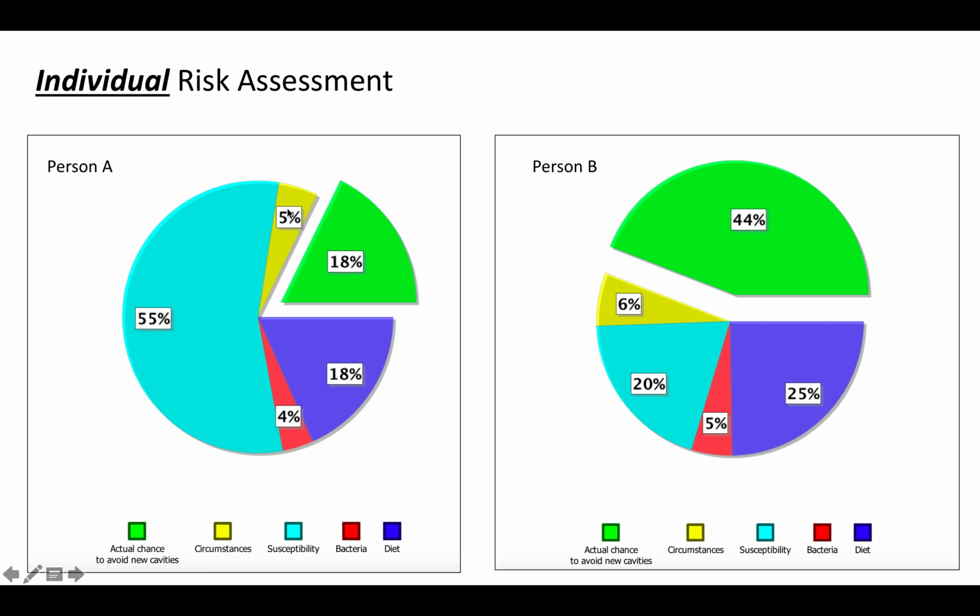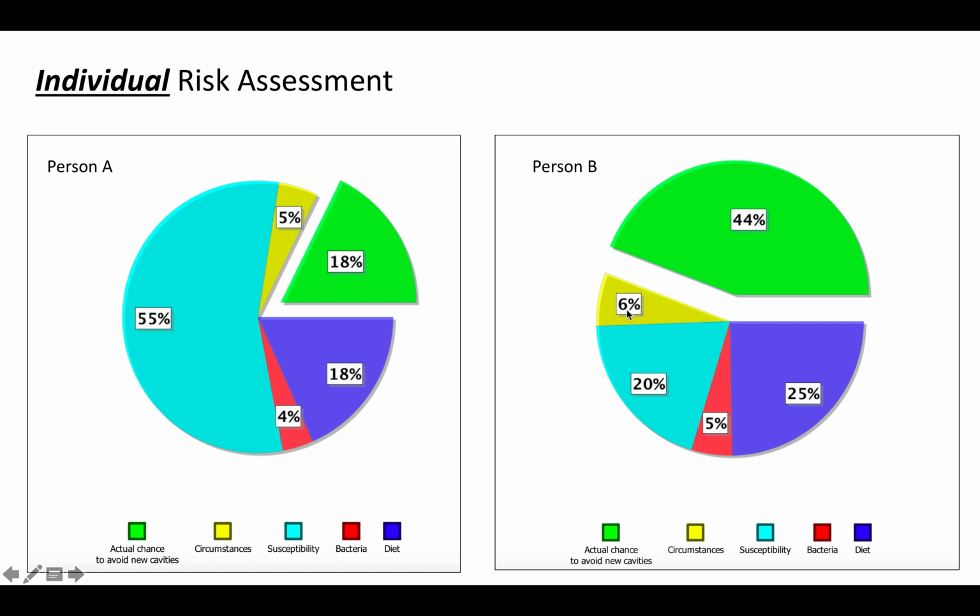than patient A is. But we can see that within each of these two people, the factors that contribute to their risk, so in this case susceptibility, which is the saliva and the teeth themselves, bacteria, diet, and also other circumstances, and this includes their medical history, all contribute to this person's risk.